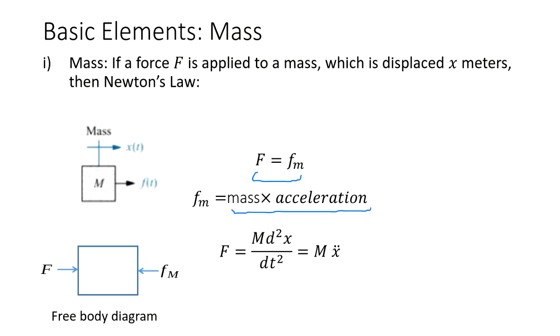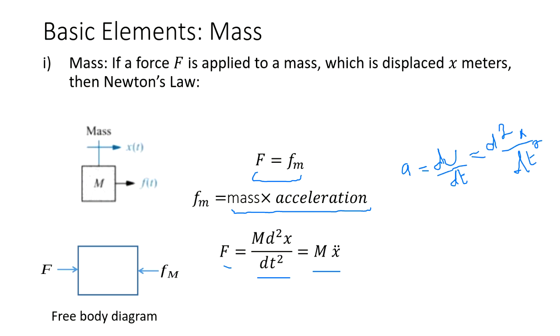Acceleration is dv/dt, the rate of change of velocity with time, which is d squared x by dt squared, the second derivative of position. So we can always write it as F equals m d squared x by dt squared, or m x double dot.